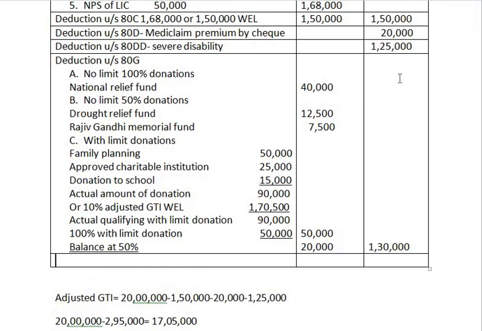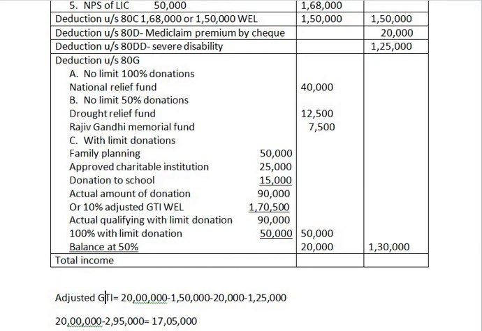Now for the remaining balance, total income is gross total income less all the deductions. Gross total income is 20 lakh.